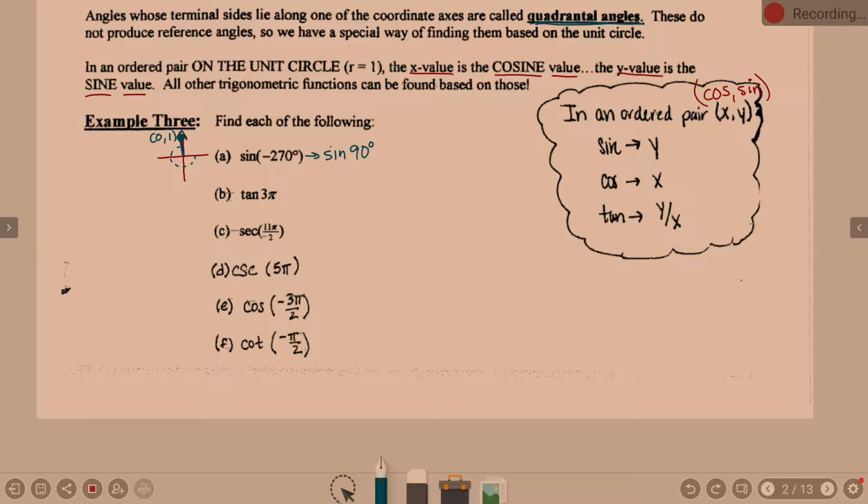The x value is the cosine value. The y value is the sine. What is the sine of 90 degrees? What's my y value in the ordered pair? 1. So the sine of 90 degrees is 1.